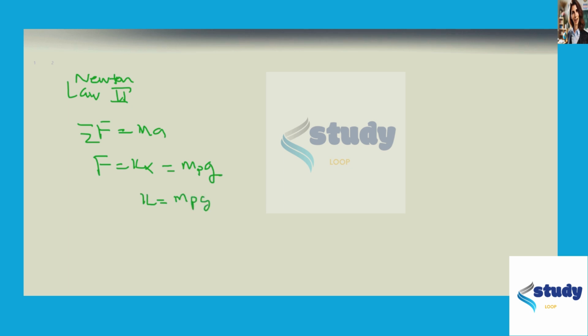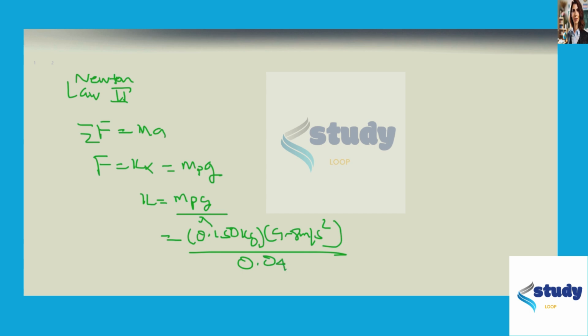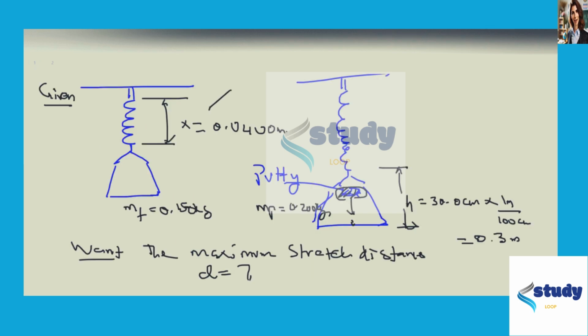So k is MP g over x, and that gives us 0.15 kilograms times 9.8 meters per second squared, divided by the initial stretch, which is 0.04 meters, and you can see that's what's happening right here.